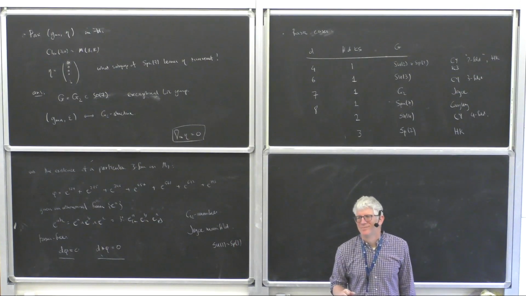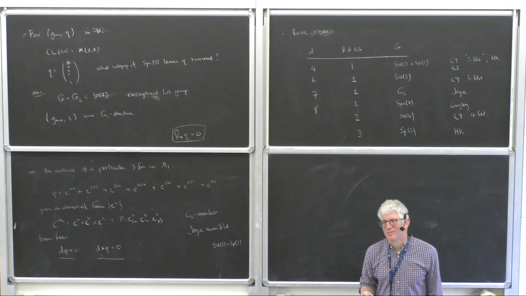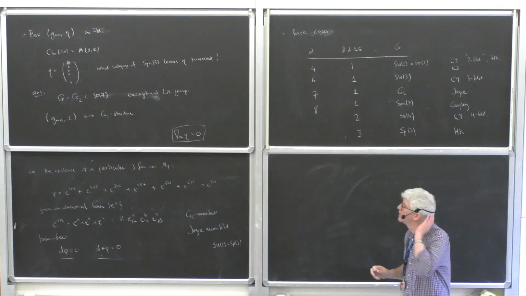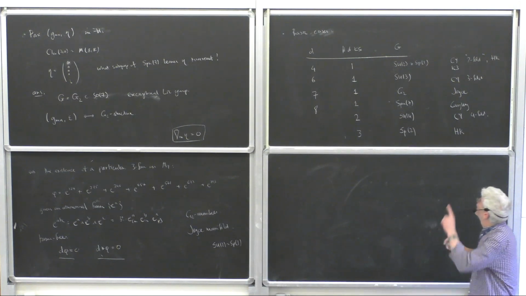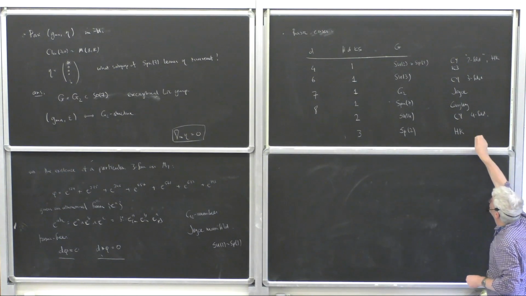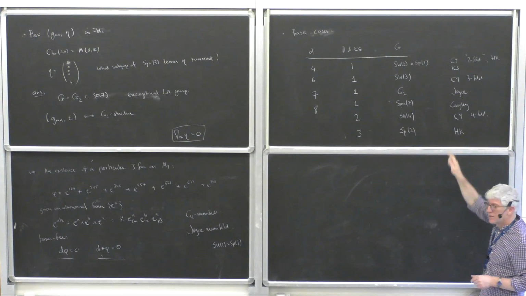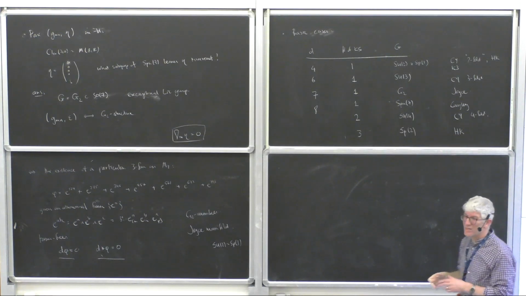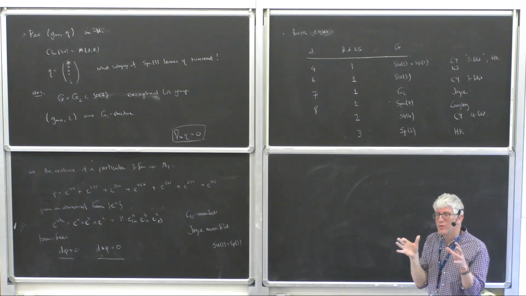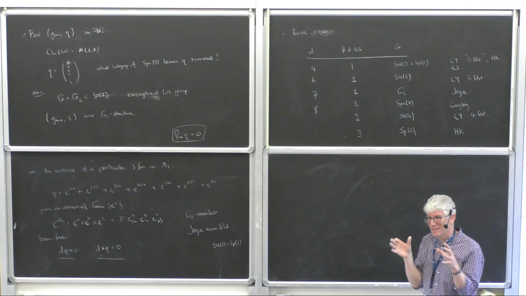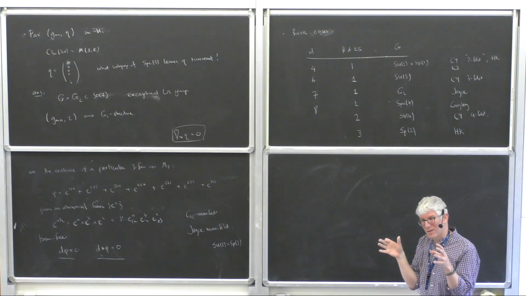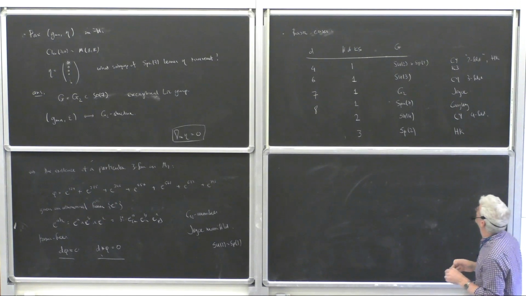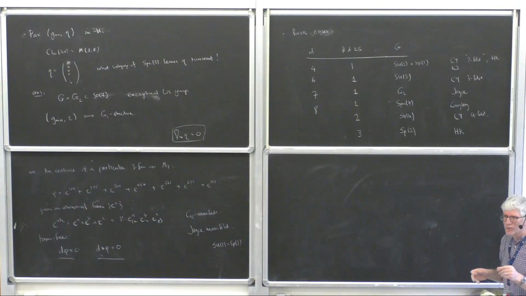Also, if you want to do it on a compact space, then for the hyperkähler manifolds, basically all you can do is K3. That's the only compact 4-dimensional hyperkähler manifold.